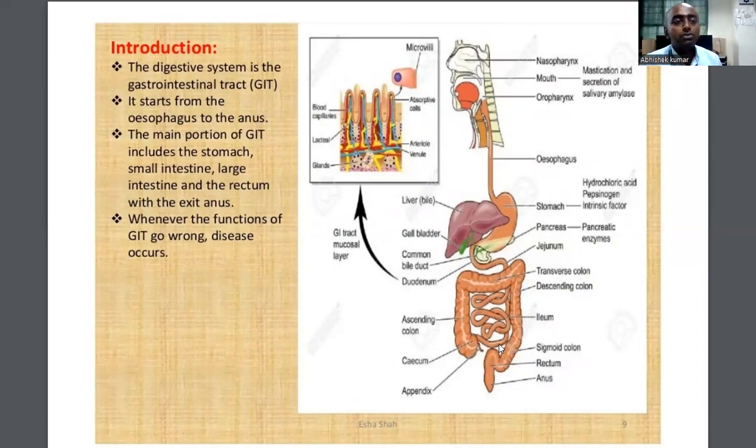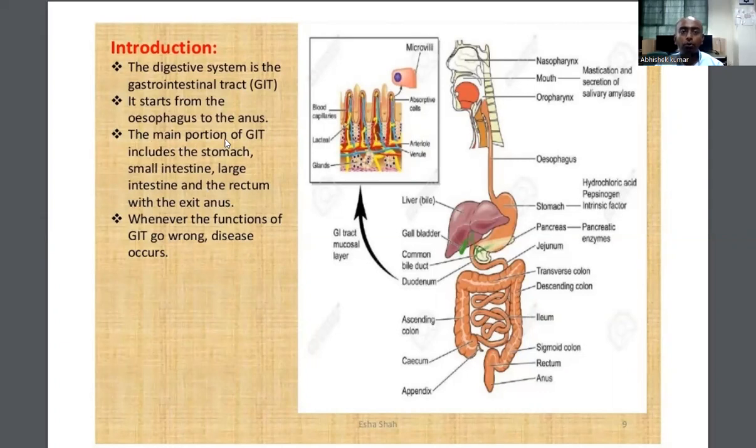Now we come to the GIT and GIT diseases. The digestive system, the gastrointestinal tract, starts from the mouth and ends at the anus. It starts from the mouth, then comes to the esophagus, then the stomach, then the small intestine, large intestine, rectum, then the anus.